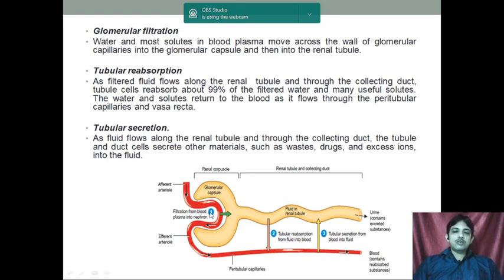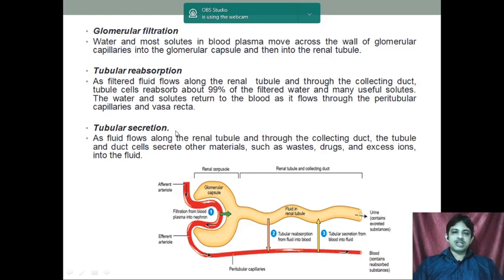That means the water and solutes are absorbed back through the renal tubule into the circulation, into the blood. Water and solutes return to the blood as it flows through the peritubular capillaries and the vasa recta. This is the process of reabsorption, where 99% of the water and the majority of the solutes are reabsorbed.